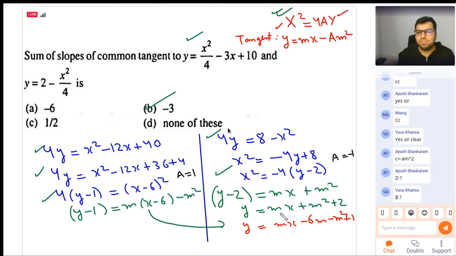Okay, now I am saying that these two equations are same. So if the slope is same, we just have to equate the c part of y equals mx plus c. The y-intercept should be same for both of them. Only then it will be the same equation. So solve for that.